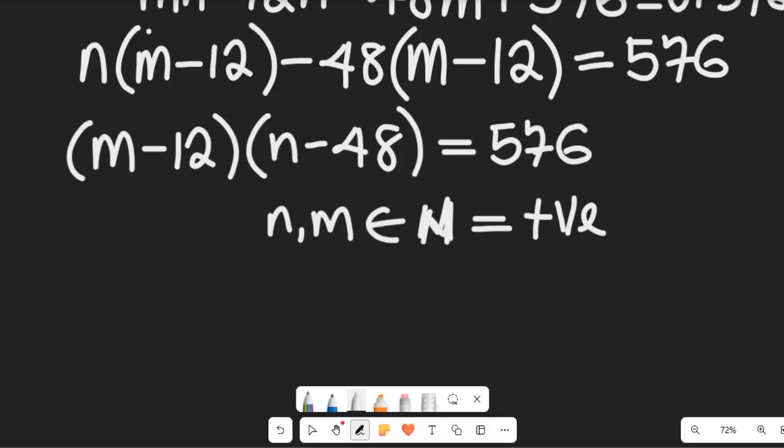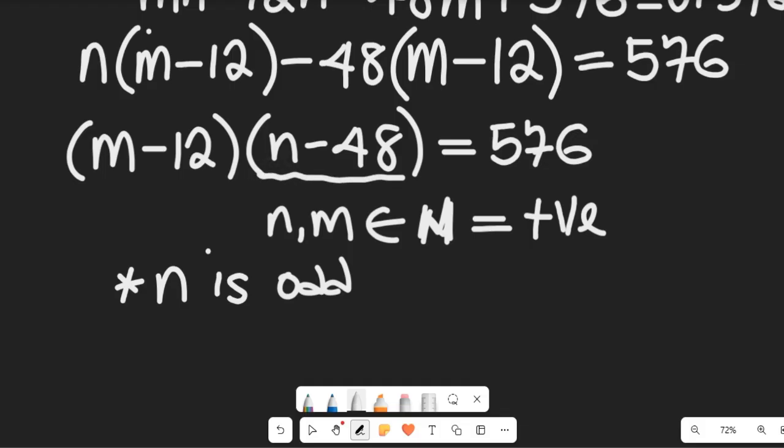And apart from that, we are given the condition that n is odd. So all the values of n must be odd numbers. That tells us that this expression must be odd in order for us to have these pairs.